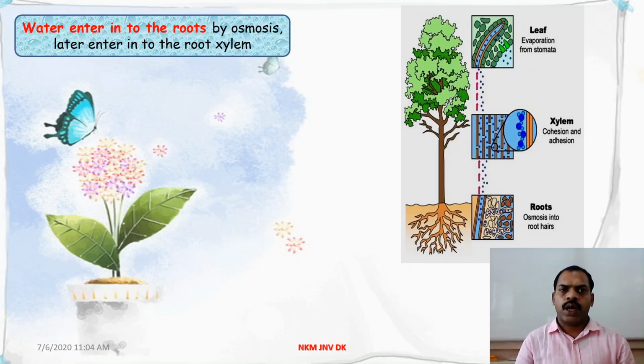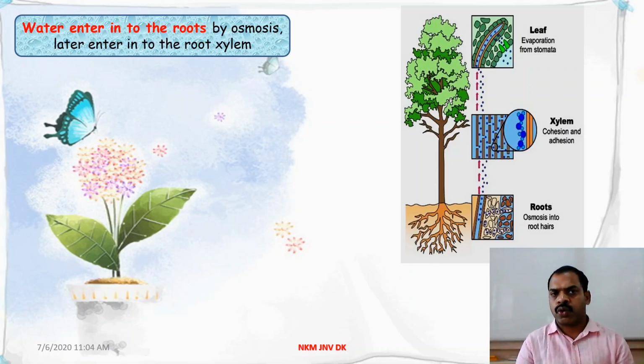First of all, how do plants absorb water? Water is available in the soil in the form of solution. Through osmosis, we have already learned, water moves from its higher concentration to its lower concentration through a semi-permeable membrane.